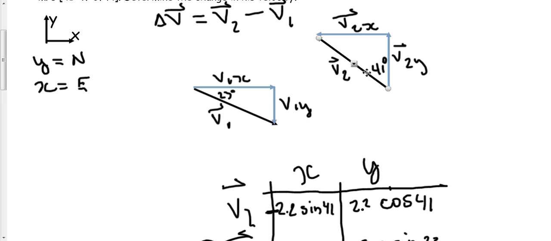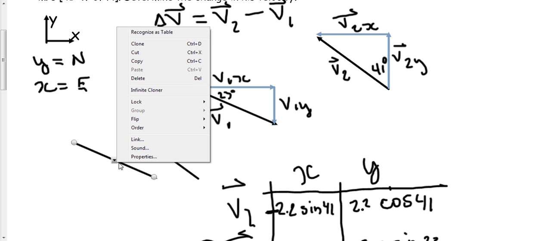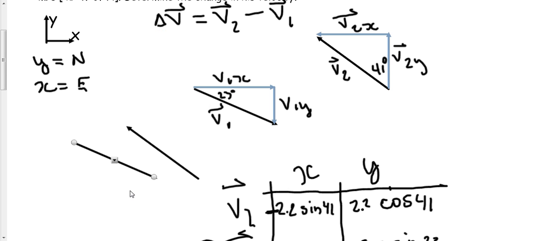I take this one, and I graphically put them together, and I take this one. Now remember, when you're subtracting, so here's v2, and here's v1, I want to rotate it. It won't let me do it nicely. Okay, let's see if I can do it this way.